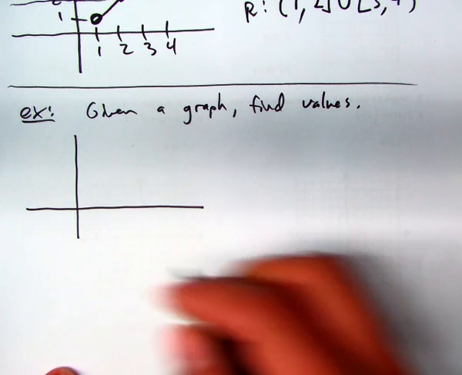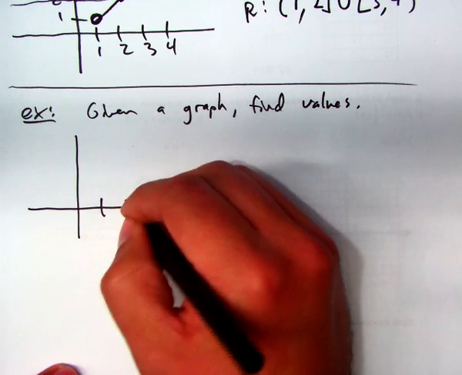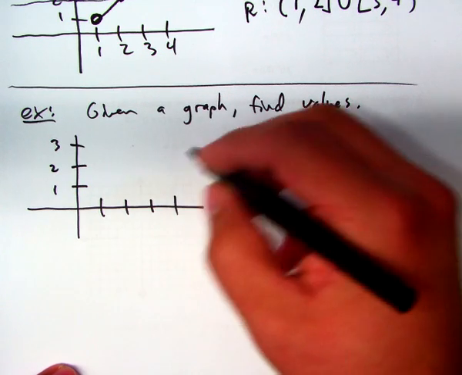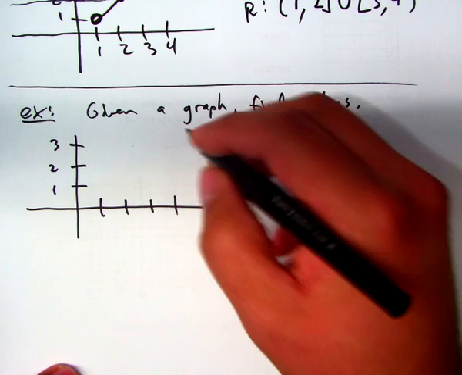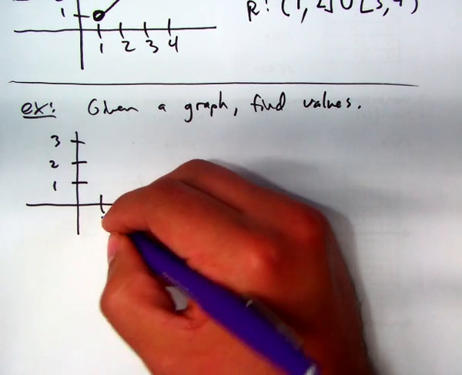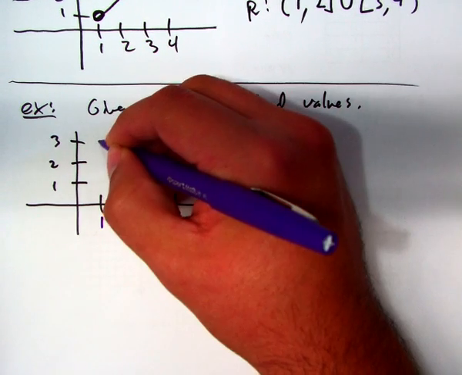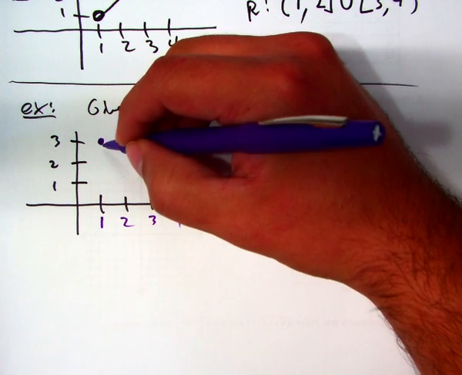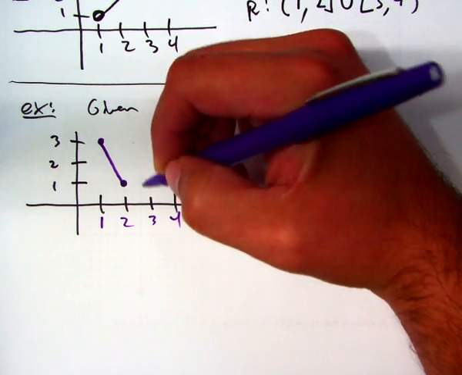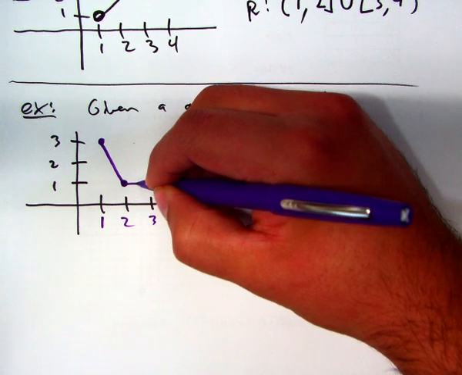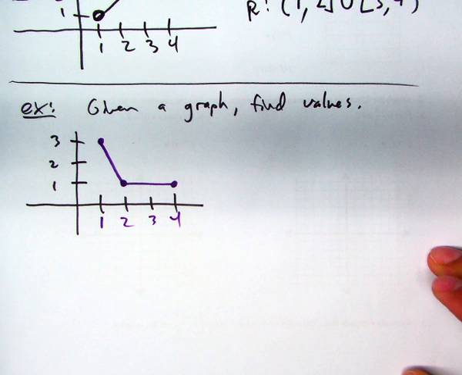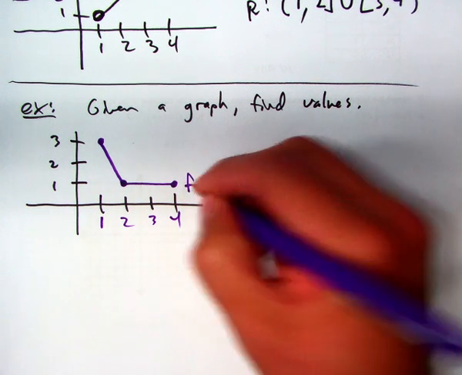Try to catch up a little bit. Let's say that f starts at 1, 3, goes down to 2, 1, and then straight across to 4, 1. This is f. Okay?